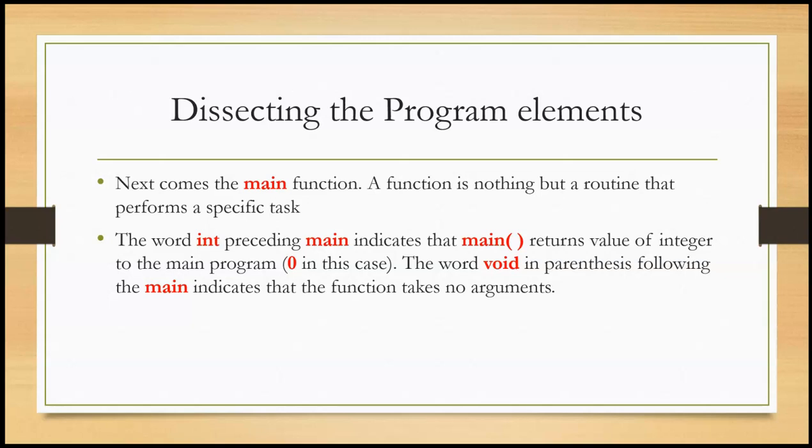Next comes the main function. A function is nothing but a routine that performs a specific task. The word int preceding main indicates that main returns a value of type integer to the main program, which in this case is 0. The word void in parentheses following the main indicates that the function takes no arguments.